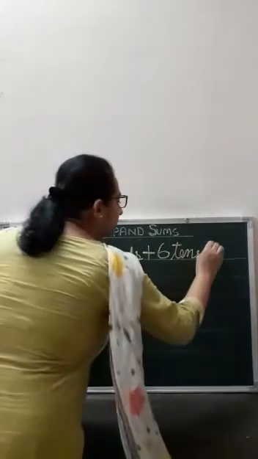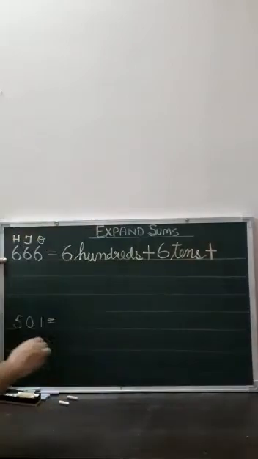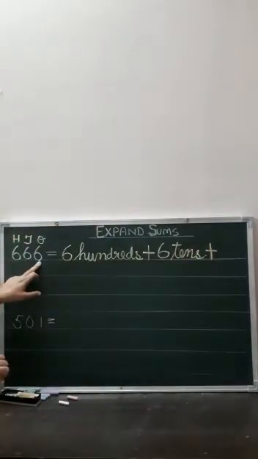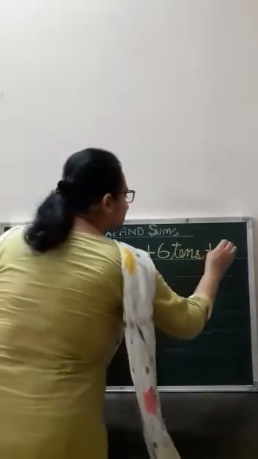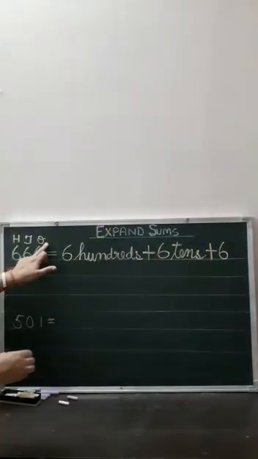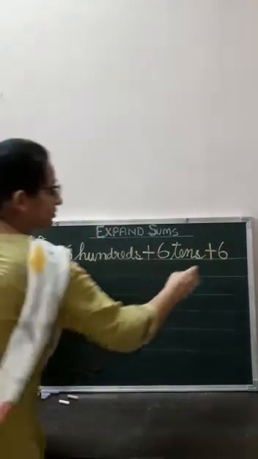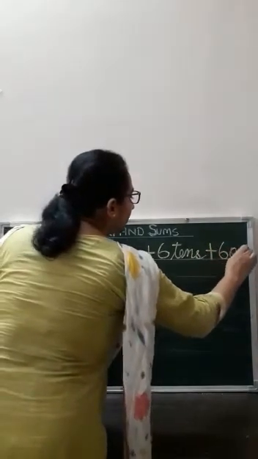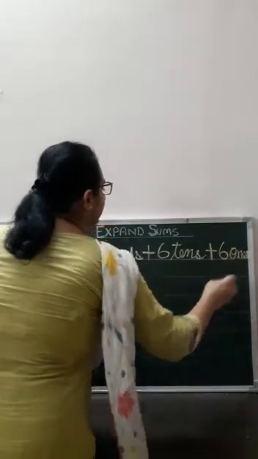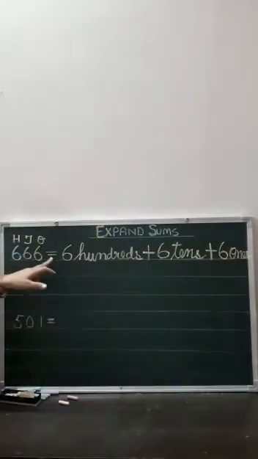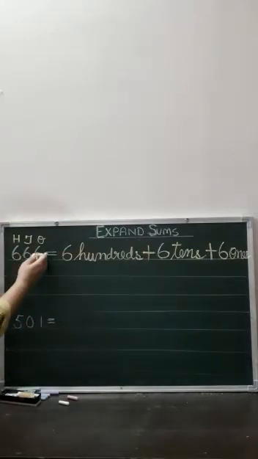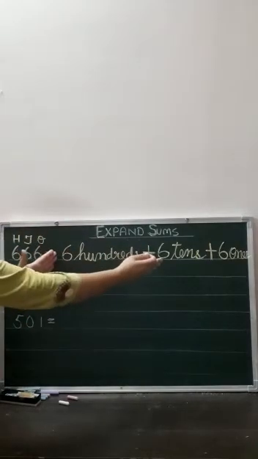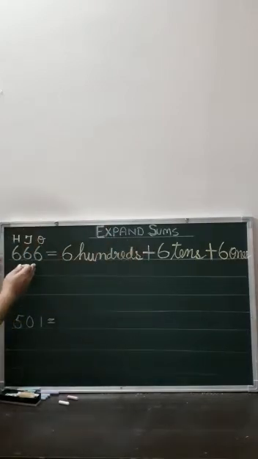Again put a sign of addition. Next again number 6. Write down 6 here. It is on which place? It is on ones place. So write down ones here. Now this is the expanded form of this number. This is the standard number and this is the expanded form of this standard number.